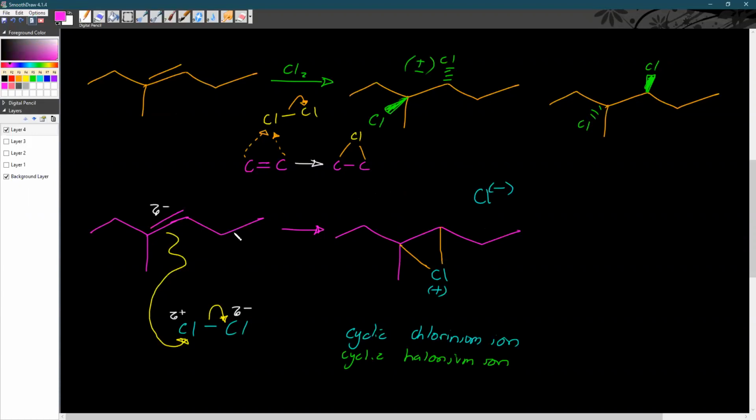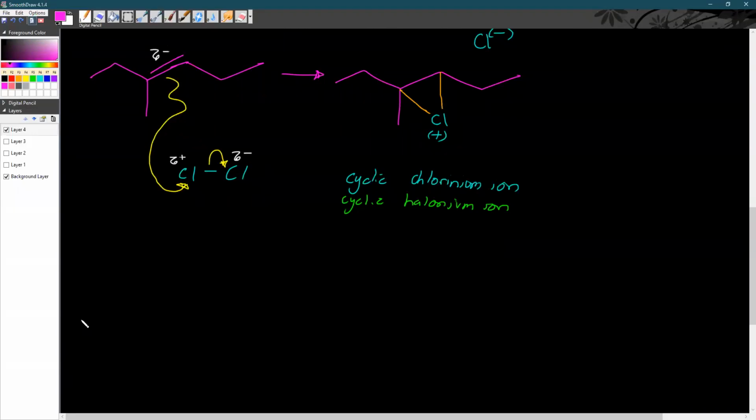So let's take a look at the setup of what it's going to be. I want you to imagine that we kind of have a little plane going on, okay? And here are our two carbons. What happened is that maybe our carbons formed their cyclic chlorinium ion. Maybe this is on the bottom. So to accurately draw what's going on, maybe I'll draw this cyclic chlorinium bond on the dash.